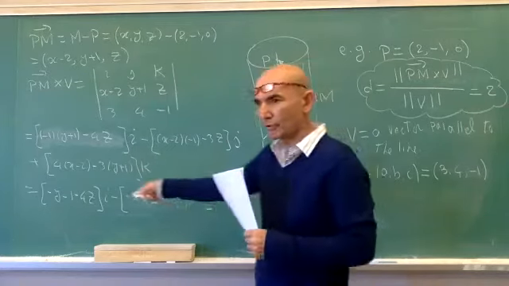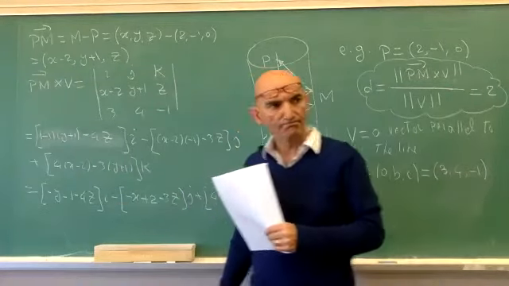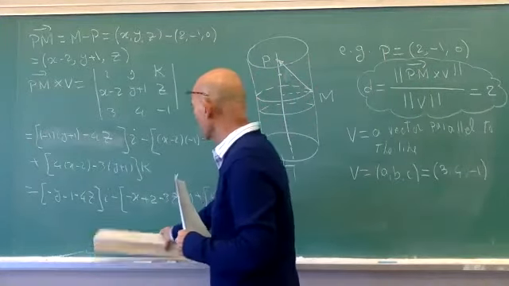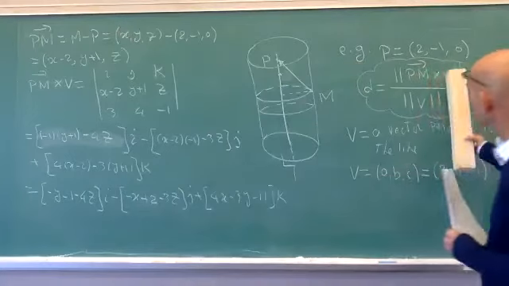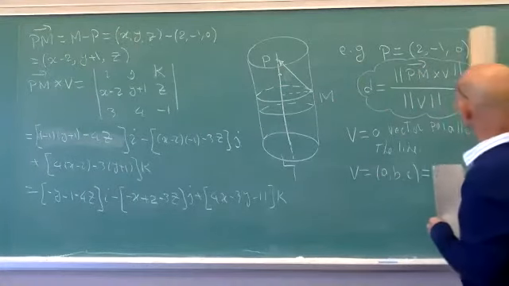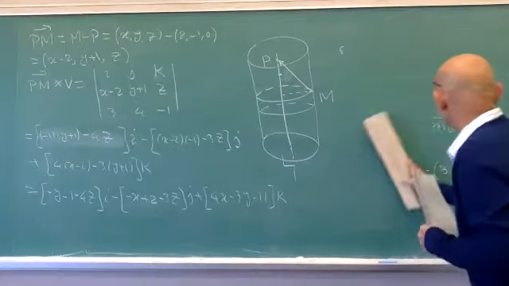Okay, this is my vector now, right? This is the vector, good. So now we just have to compute its length and divide by this length. So let's go to this last step.